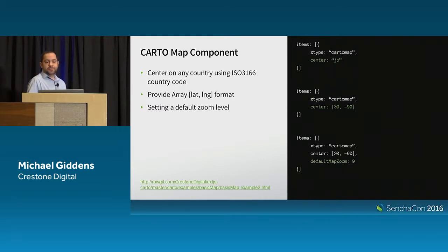The map zoom tells at which level the map should be rendered. For those not familiar with zoom levels, zoom level 0 is typically your global level of the world, and it can go down to about zoom level 18, which is more your street level view. Both of these are bindable, so it's great if you have combo boxes of countries and preferred zoom levels to interact with your components.